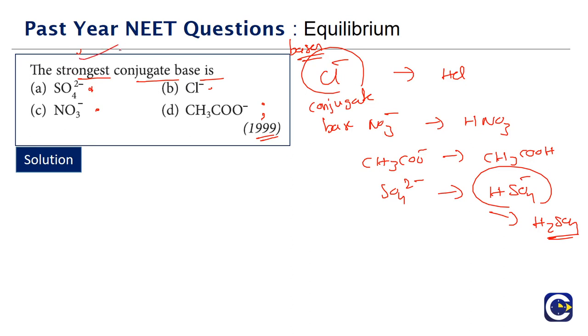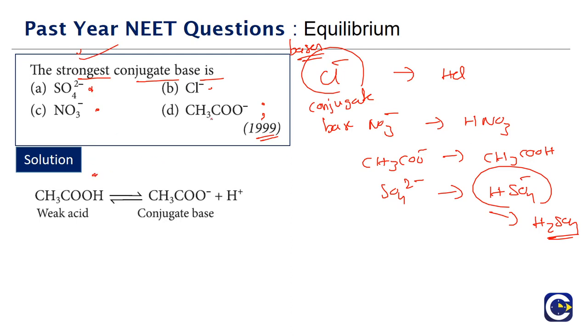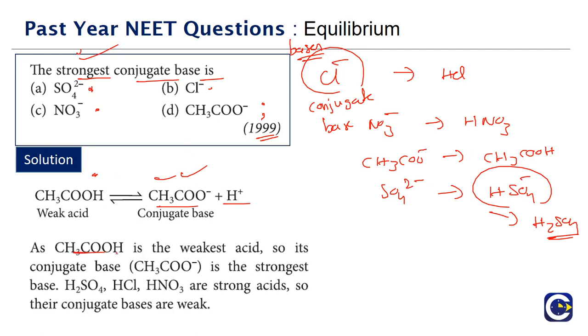So here we need to find the strongest. Among them, which is the weakest acid? Acetic acid is a weak acid. Acetic acid on dissociation gives CH3COO minus and H plus. So acetate ion is a conjugate base of a weak acid. Since the acid is weak, the corresponding conjugate base will be stronger.